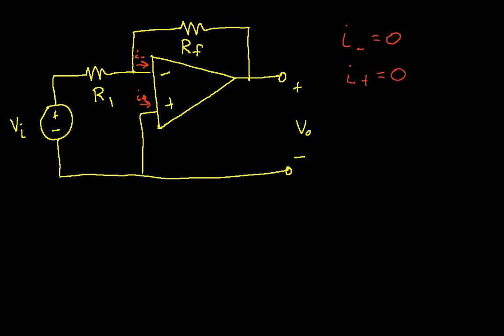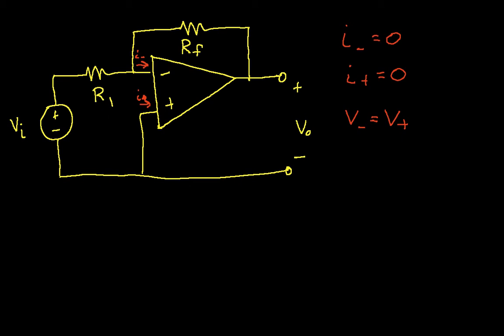Both of these are consequences of the fact that in the ideal model we assume the input resistance is extremely large. And secondly, we will assume that the voltage at the inverting input is equal to the voltage at the non-inverting input.